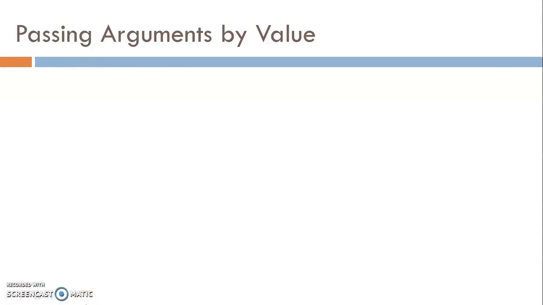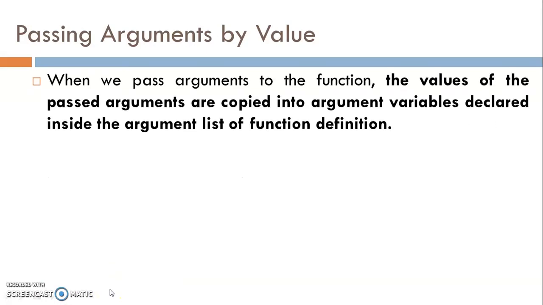Now next is passing arguments by value. Means whenever we use a function, when we call the function, we pass some argument. This argument is passed in two ways. First is by value and second is by reference.